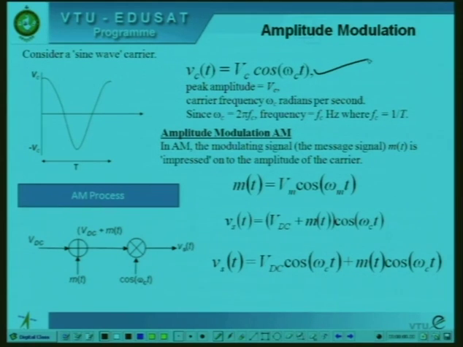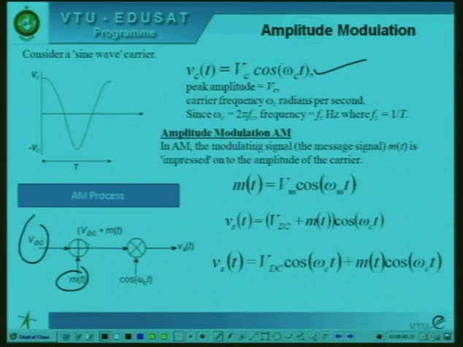Now, before this carrier signal is multiplied by the modulating signal, what we actually do is take the modulating signal m of t and add a DC component called VDC. Let us see what is going to happen now. The modulating signal m of t is added with a DC signal called VDC.